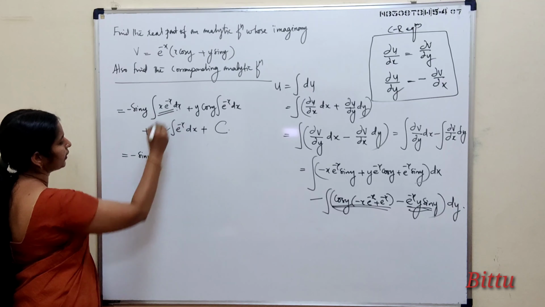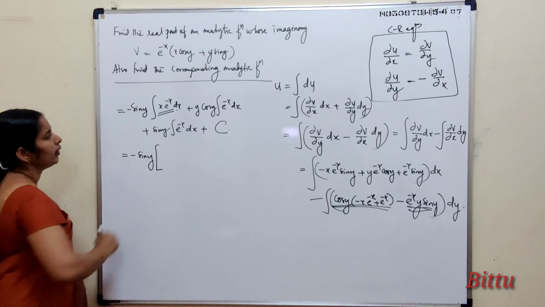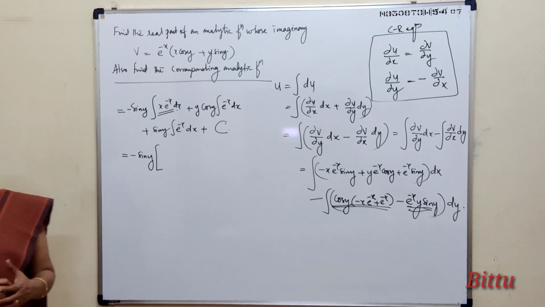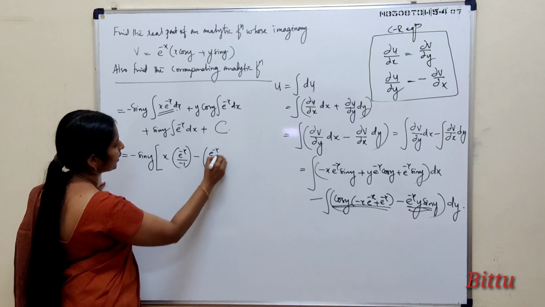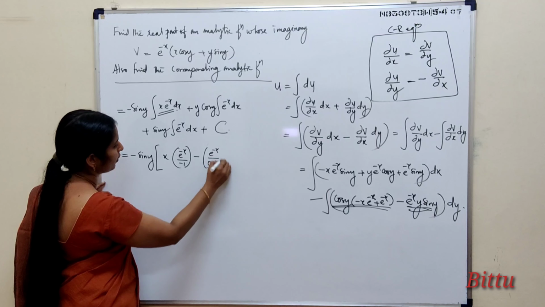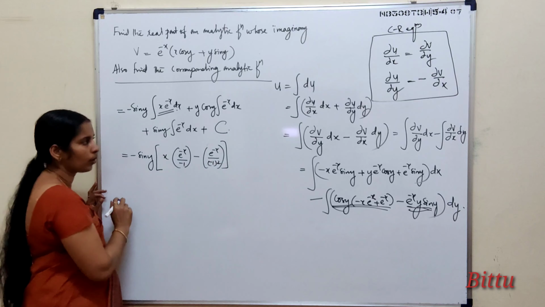Next, we have to integrate this one. For that, you can apply integration by parts. Here, I am applying a shortcut method. You start with the polynomial. You write its integral here, that is e^(-x)/(-1), here e^(-x)/(-1)², so its integration is over.